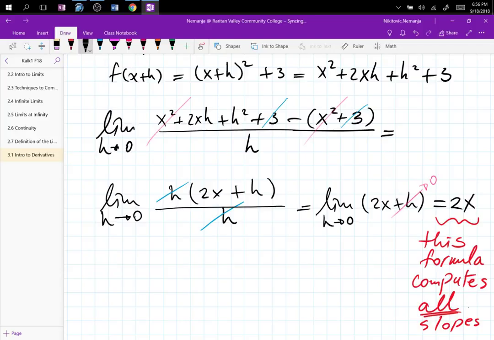What do I have? If x is negative 3, m tangent is negative 6. If x is 5, m tangent is 10.